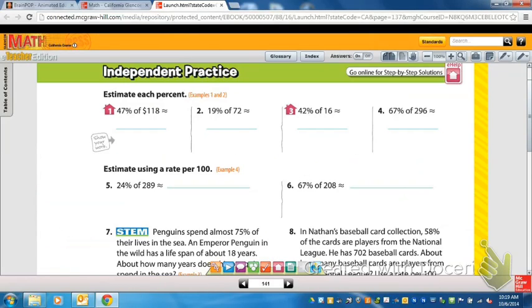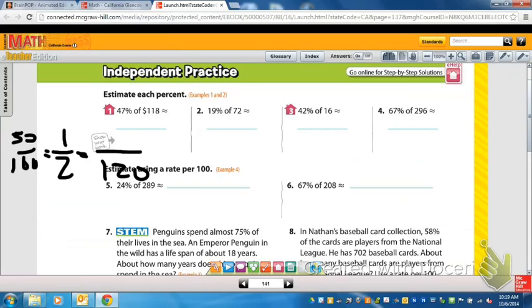Let's take a look at some of the problems they did in class. Number 1, 47% of 118. 47% rounds off to about 50%. 118 we'll estimate to about 120. So 50% of 120. What is half of 120?